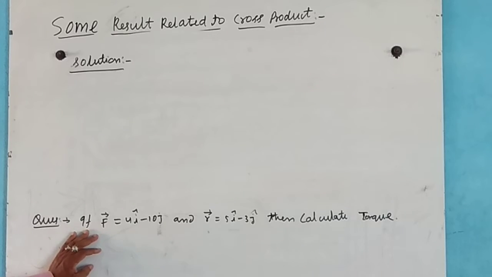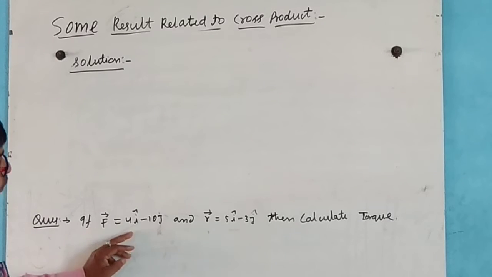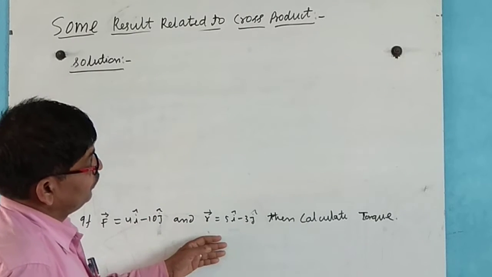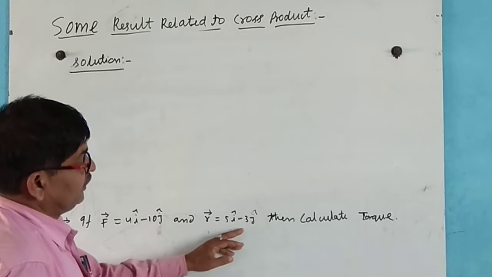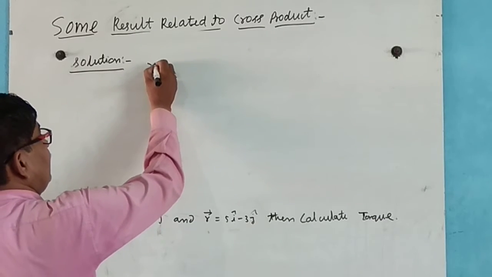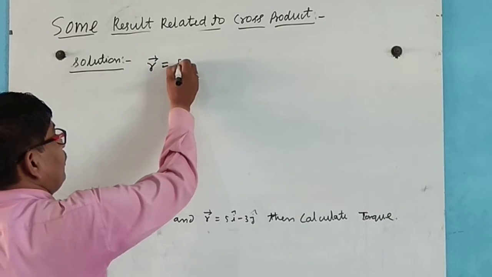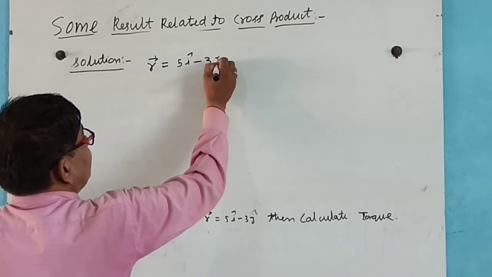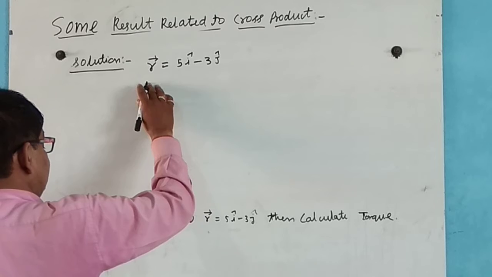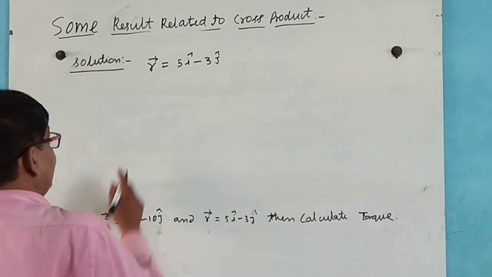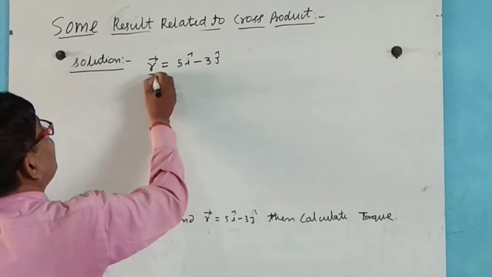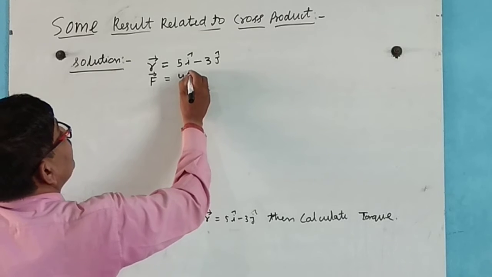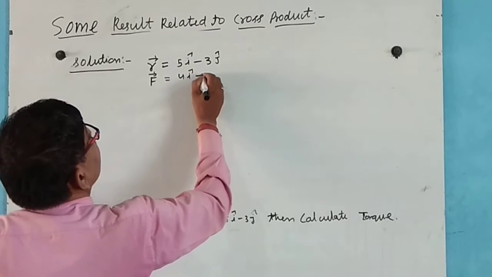Solution of this. Here f equal to 4i minus 10j and r equal to 5i minus 3j. Vector f equal to 4i minus 10j plus 0k.